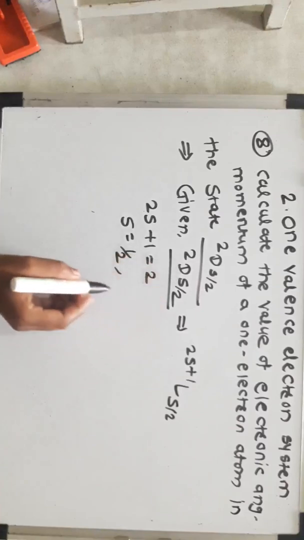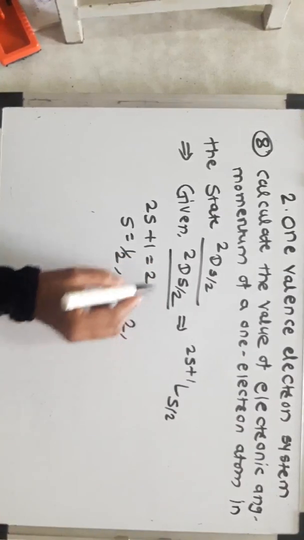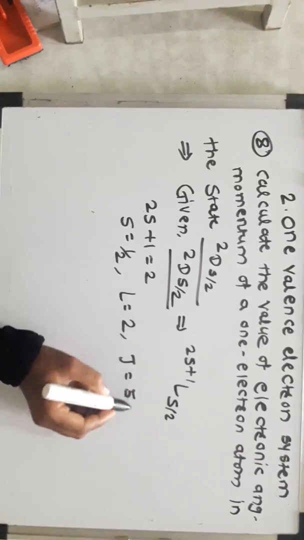This D stands for L = 2, and the value of J is 5/2.